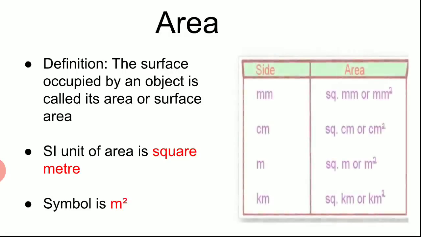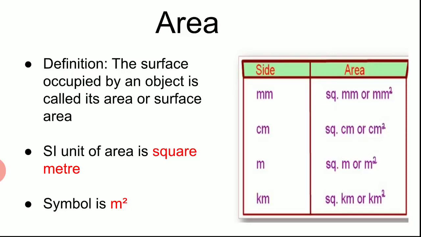Now these are some of the multiple and submultiple units. Submultiple being millimeter of a side, so for area it is square millimeter, and if the side is centimeter we have the area as square centimeter, and if the multiple unit of kilometer is denoted for the side, the area of the same would be in square kilometers.